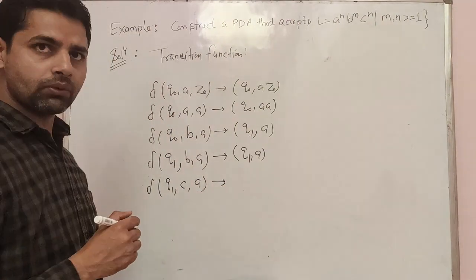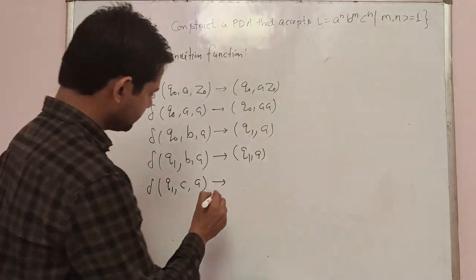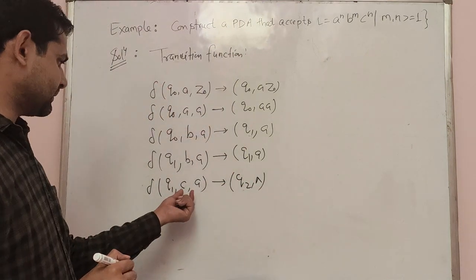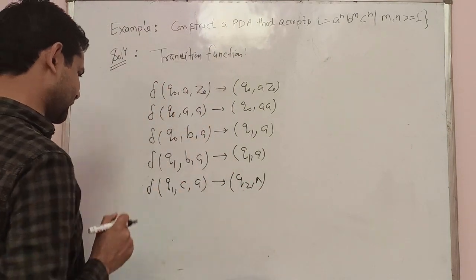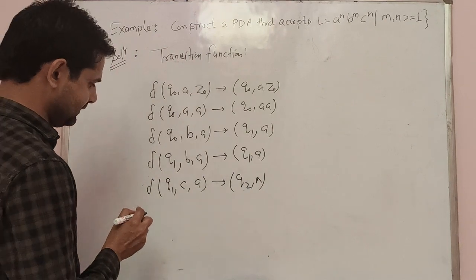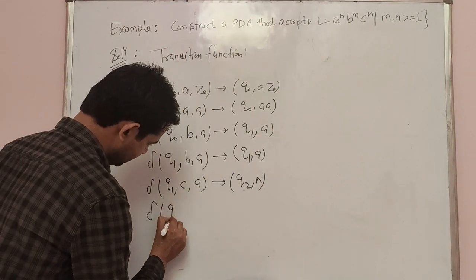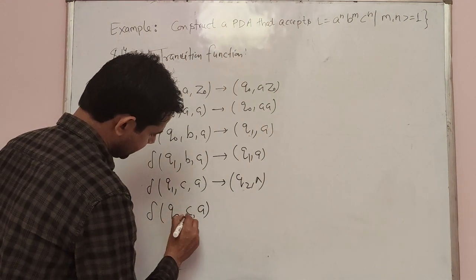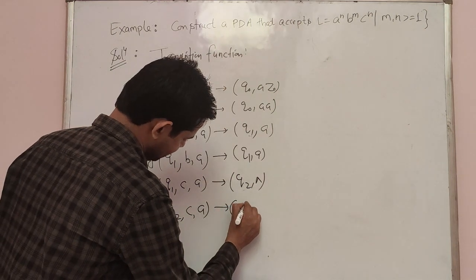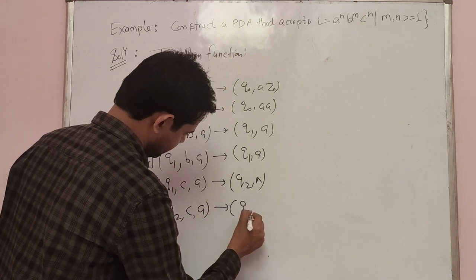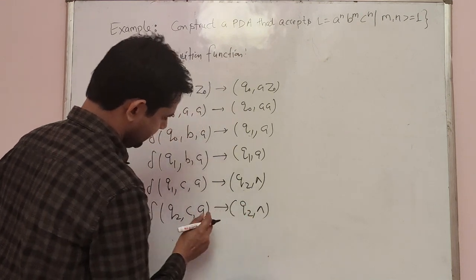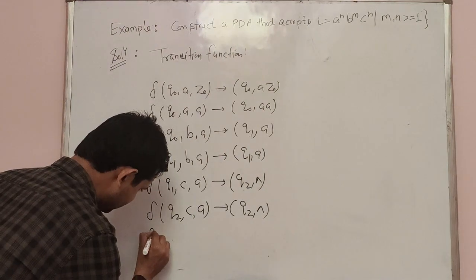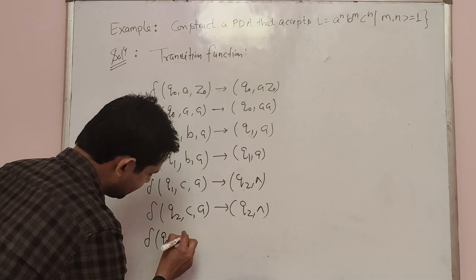So in that case, what will happen? We will change to state Q2 and pop that A from the stack with respect to this C, right? Similarly, for the next one, we are in this state, we have another C, and the stack top is A. In that case, we will pop this A with respect to this C, from state Q2, right?